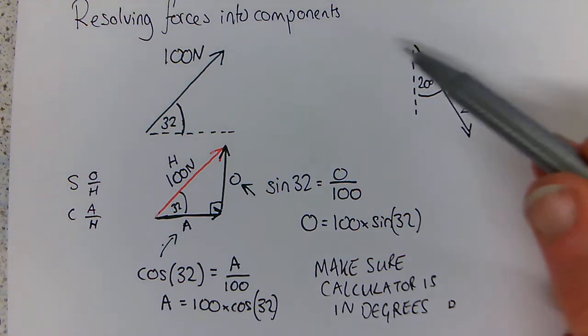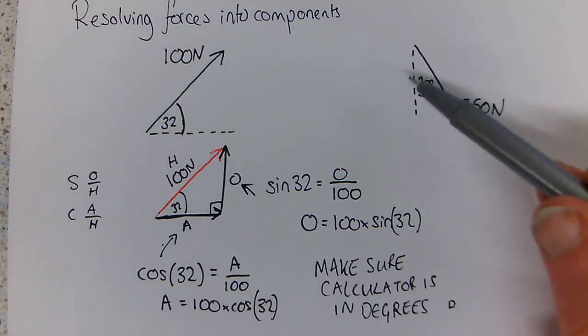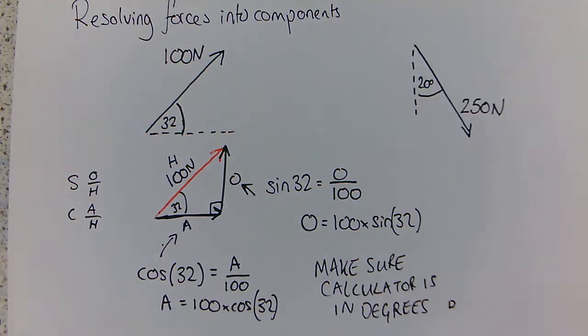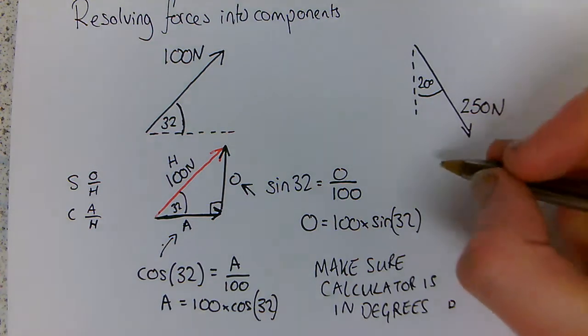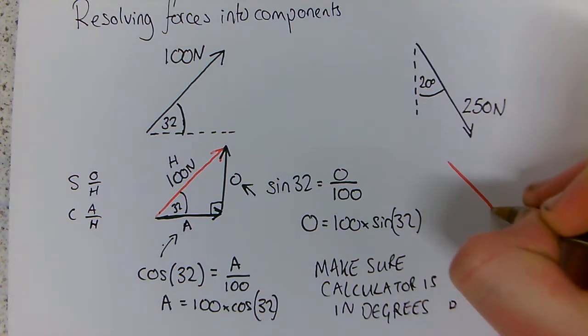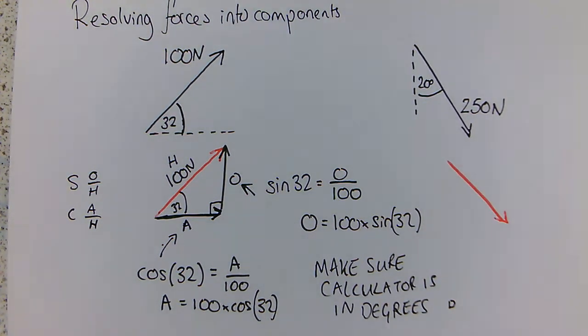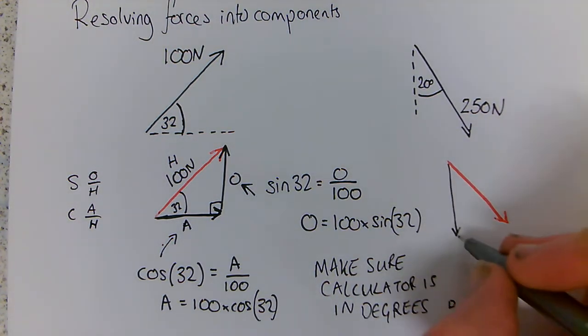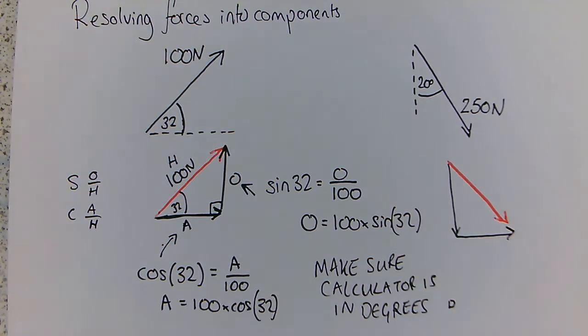Now, this method also works when you have forces that are measured relative to the vertical. Once again, if you take your original force arrow, you can see we can split that into a force that is acting vertically and a force that is acting horizontally.